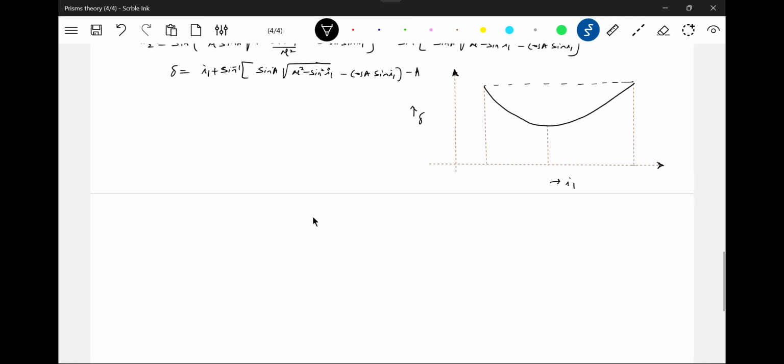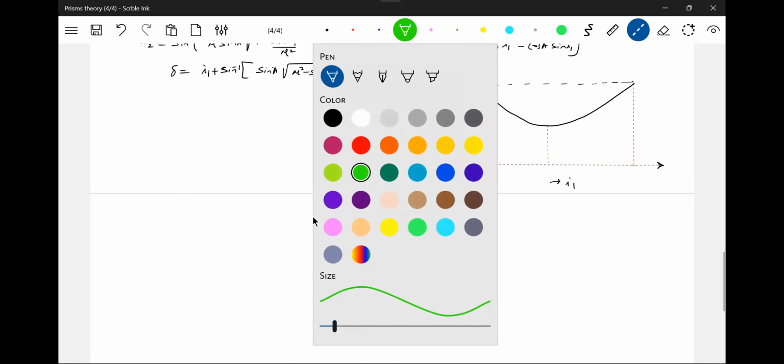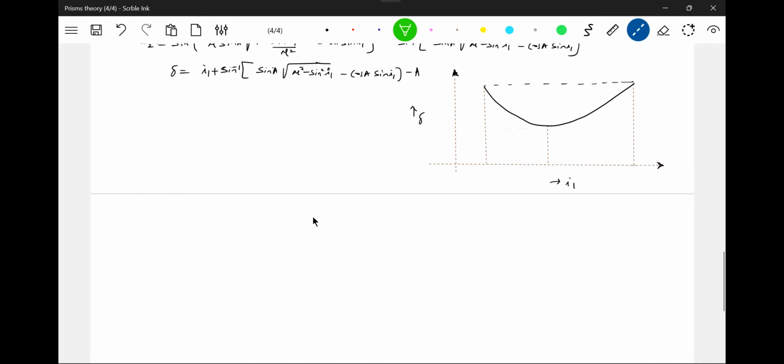This will be the deviation. So this will be the minimum deviation. There are some other colors we'll use.